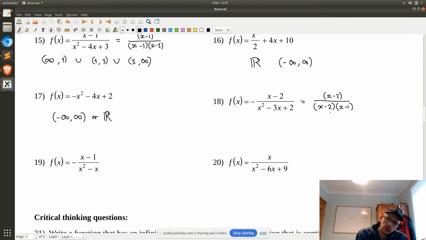So the points of interest are 1 and 2. So we go negative infinity, 1, 2, like that. It's not defined when you input 1 and 2, like that. But we must check. That's correct. Okay.